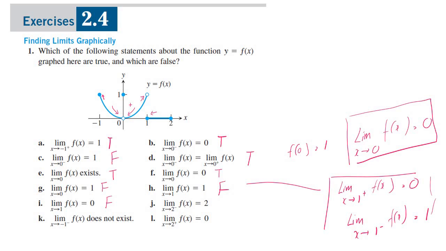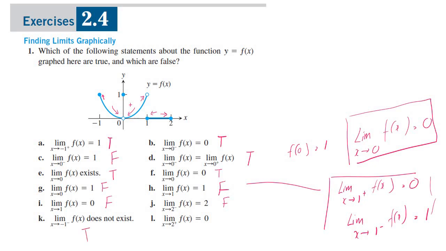If you look at x tending to 2 from the negative side, it tends to 0. So this is false. So x going to -1 from the negative side does not exist.